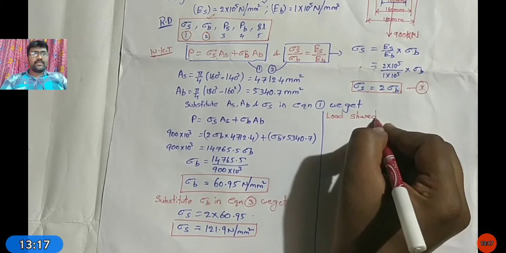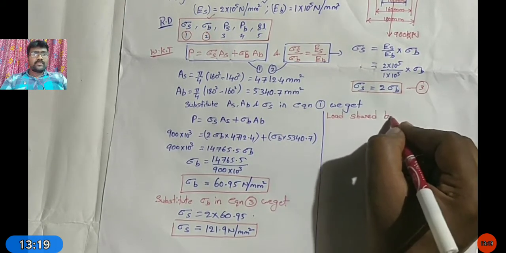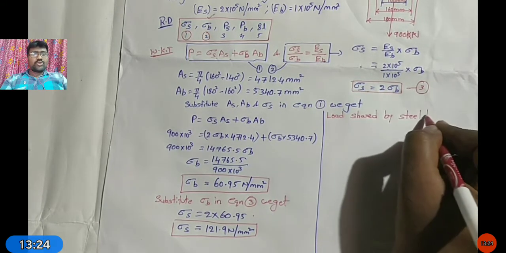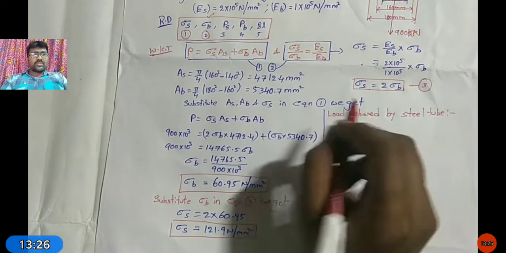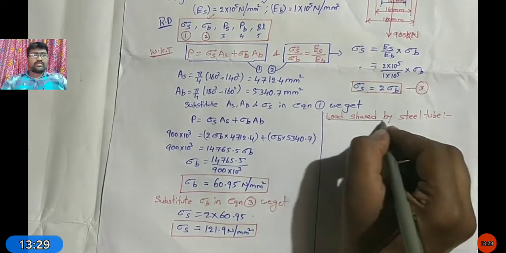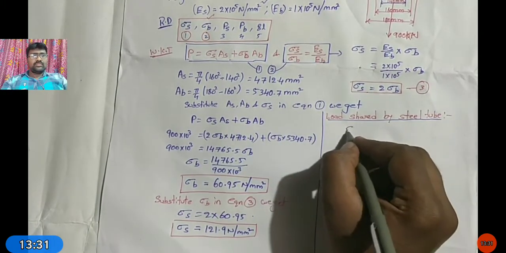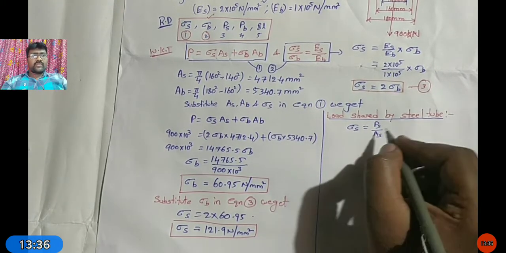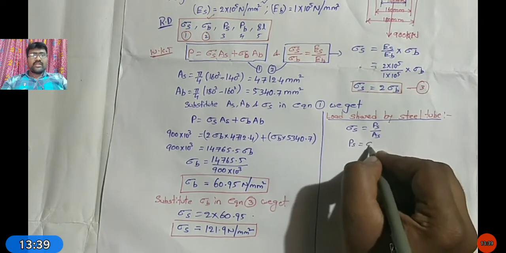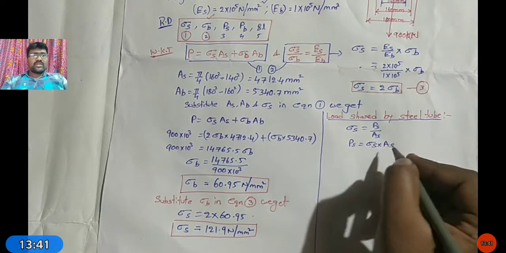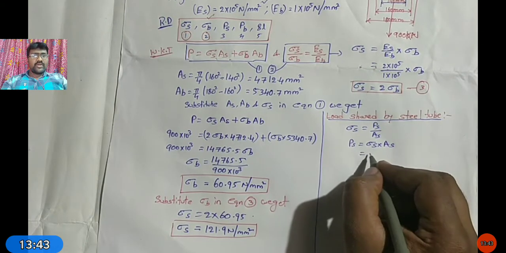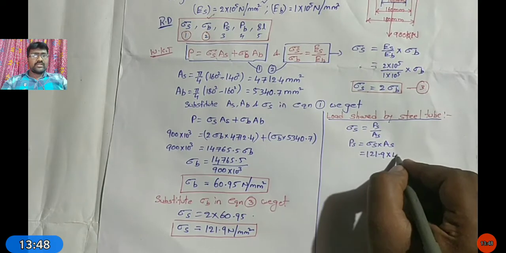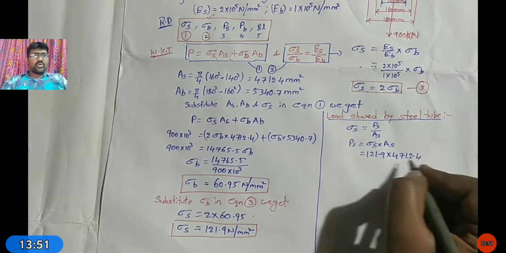Load shared by the steel tube, that equals to sigma S is equals to P S by A S. From this we can write P S is equals to sigma S into A S. Sigma S is 121.9 into area of steel is 4712.4.